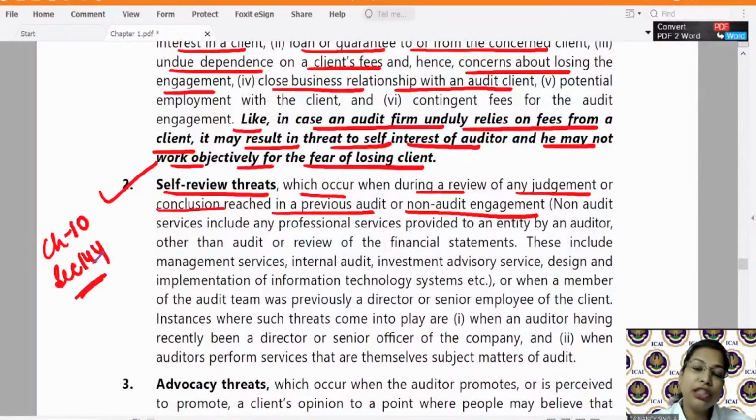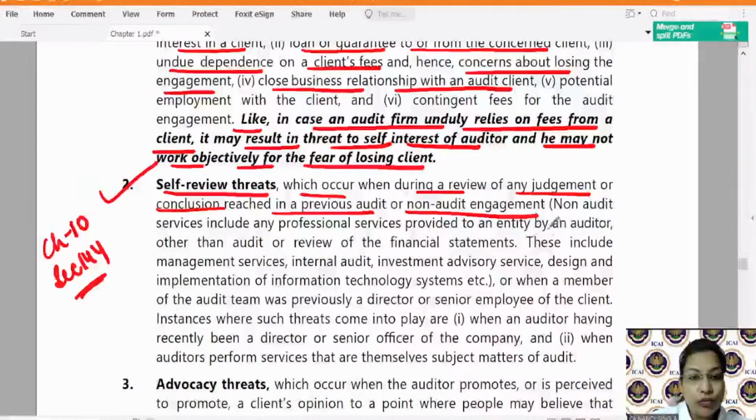Like if a chartered accountant firm is an auditor of that company, then that firm should not be involved in account keeping, bookkeeping, or in giving consultancy, advisory services, investment banking services to the same client. Why? Because a self-review threat comes in there.